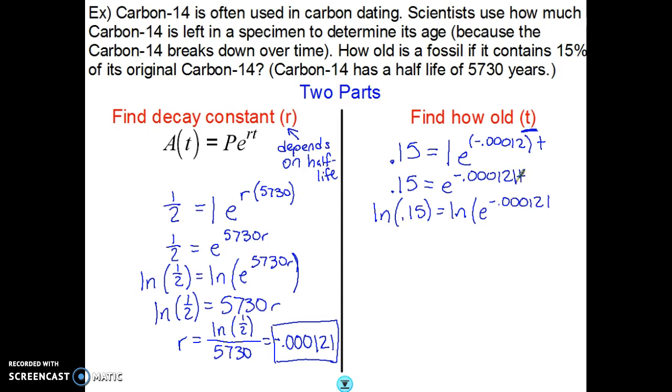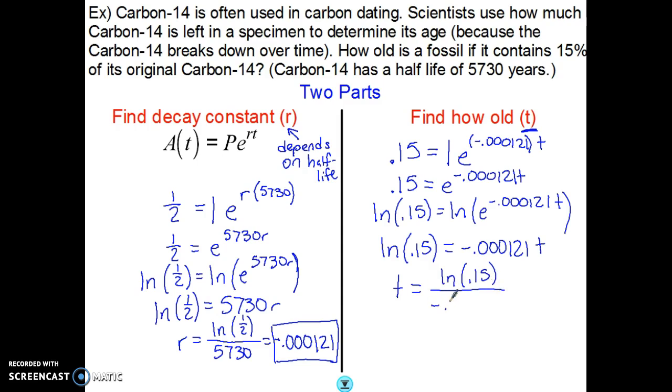Natural log and e to the x are inverses, so they cancel each other out, leaving us with natural log of 0.15 equals negative 0.000121 T. And we can finally divide away that negative 0.000121, giving us T equals the natural log of 0.15 over negative 0.000121.